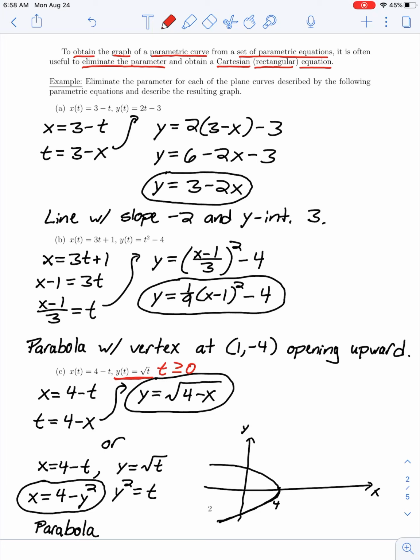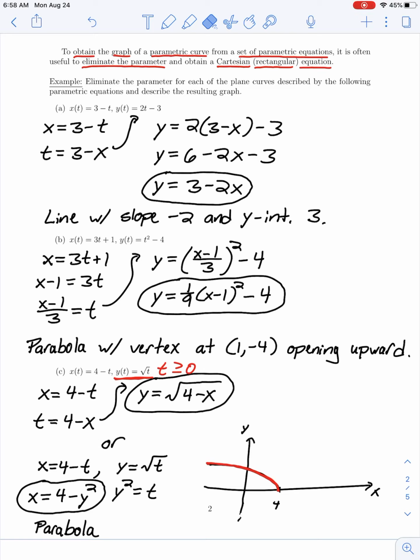So the part of the parabola that we're actually looking at for this equation is just the upper half of this parabola, where y is positive. So we would not include this lower half here.